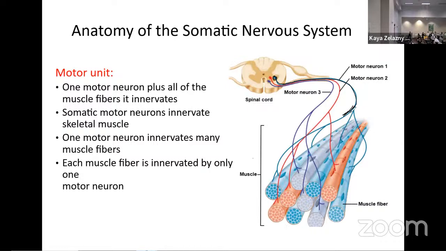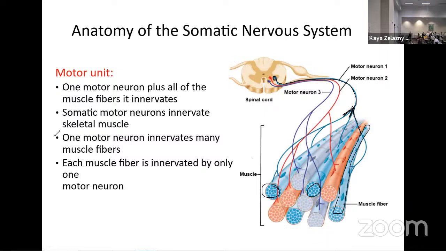In fact, it will have branches. So here, as I'm tracing motor neuron 1, you can see it branches into 3 here. And you can see that each of those 3 branches goes to a muscle fiber, right? So we've gone to this muscle fiber, we've gone to this one, and we've gone to this one. Okay. So we can see this association between motor neurons and muscle fibers. We can see that one motor neuron starts as one motor neuron, but can go to several muscle fibers.